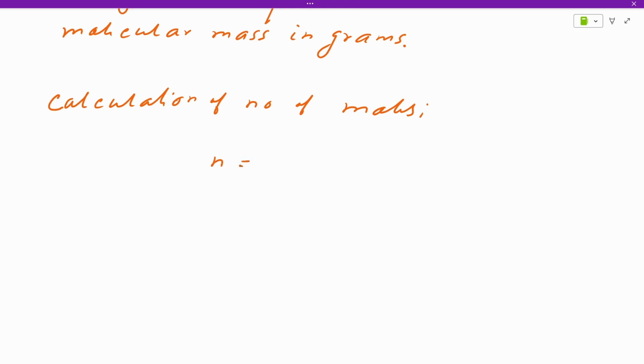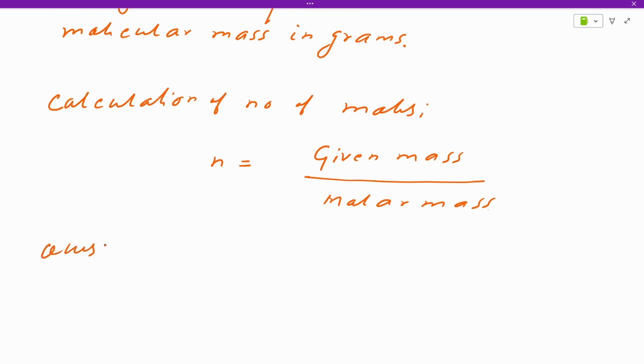N is equal to given mass upon molar mass. Given mass upon molar mass. चलिए अपने क्वेश्चन ले लेते हैं.